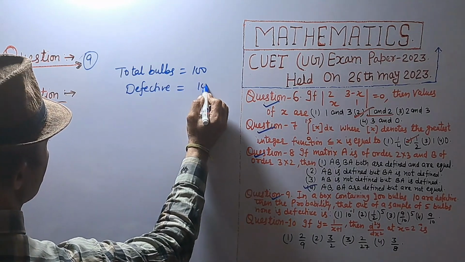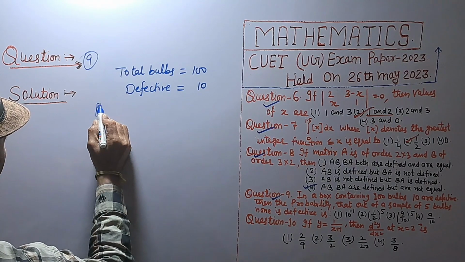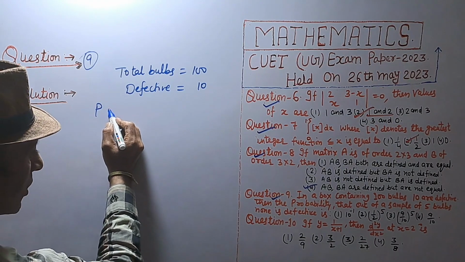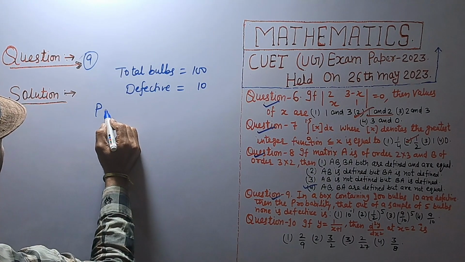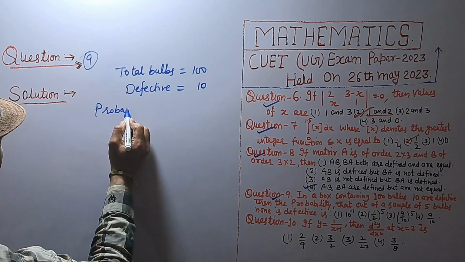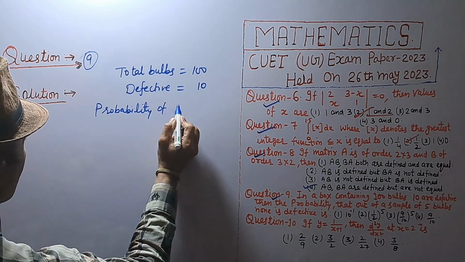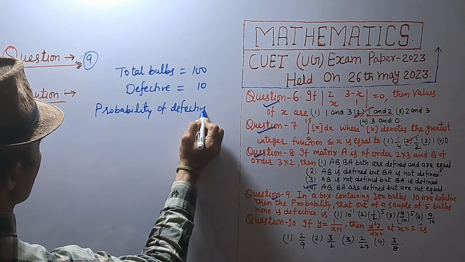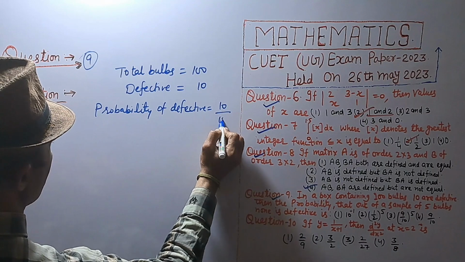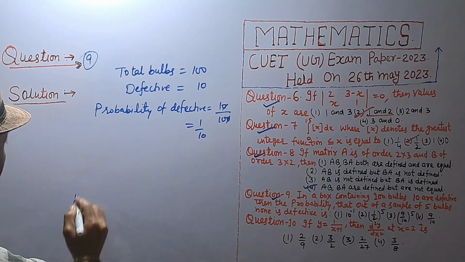Defective bulbs is equal to 10. Probability of defective is equal to 10 upon 100, that is equal to 1 upon 10.